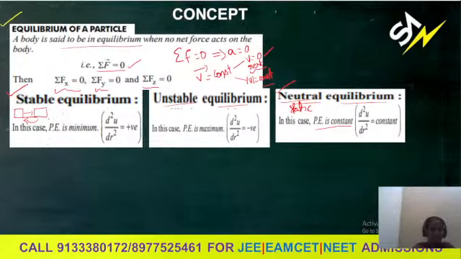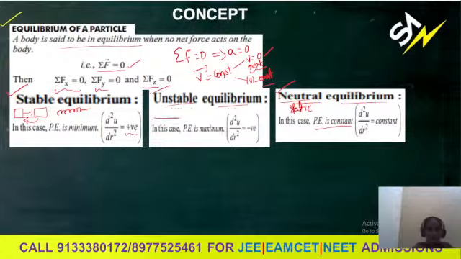A spring has an elastic nature. If it is displaced by x, it can regain its position. So the potential energy is minimum, that is d square U by dr square will be positive. So in a stable equilibrium state, if an object is displaced to another position, it can regain its original position, and the potential energy is minimum. So d square U by dr square is positive.